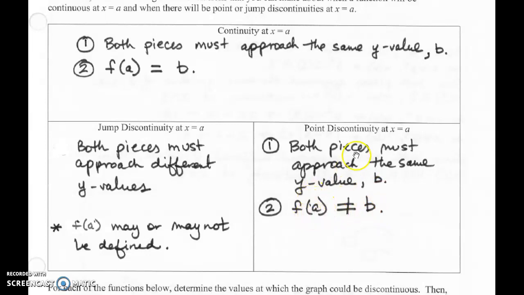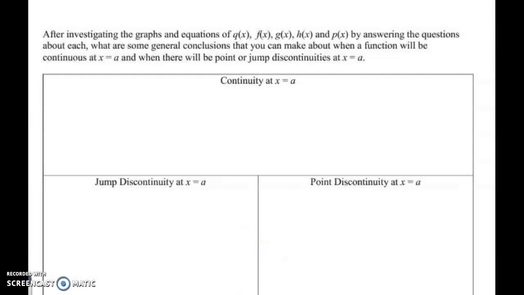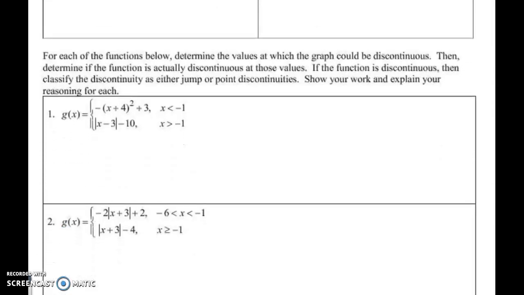Now again, in a point discontinuity, f of a could be undefined, but this is definitely a different scenario than the continuous. So instead of me rewriting it, I just copied it over, pause the video, let this soak in, write it down in your notes. And I'm going to move on to the 4 examples we have.